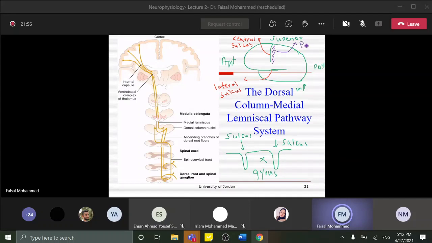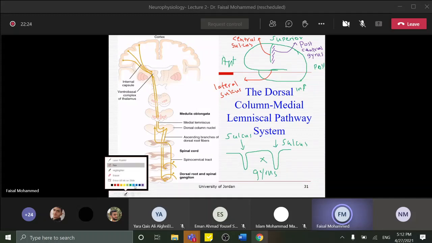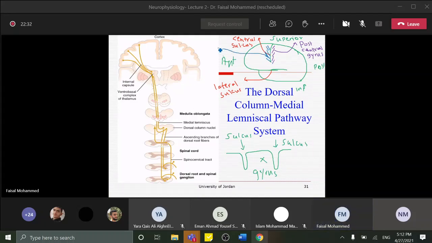Postcentral means posterior to the central sulcus. The area anterior to the central sulcus is called the precentral gyrus.